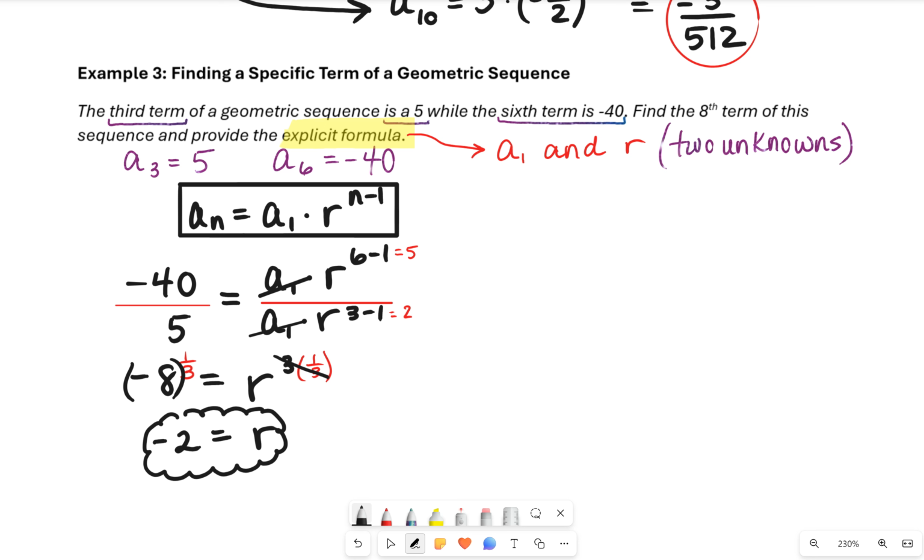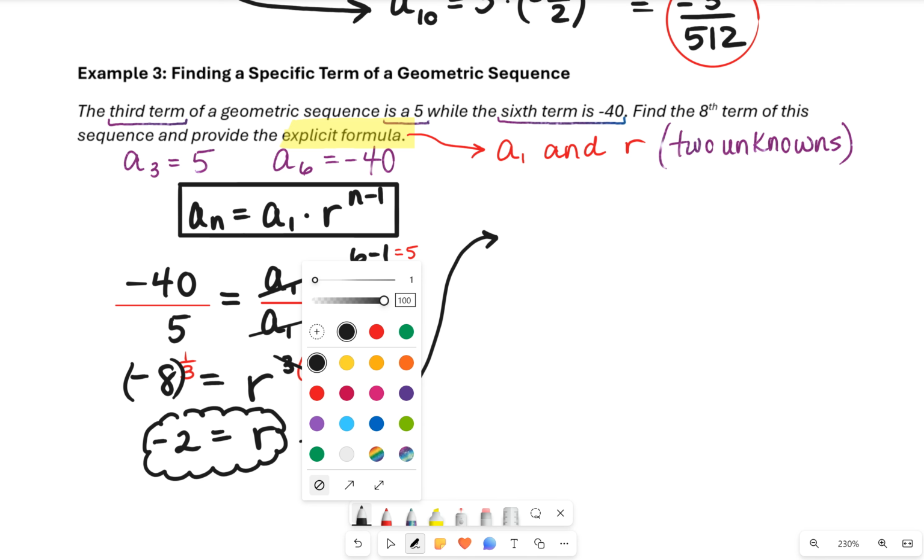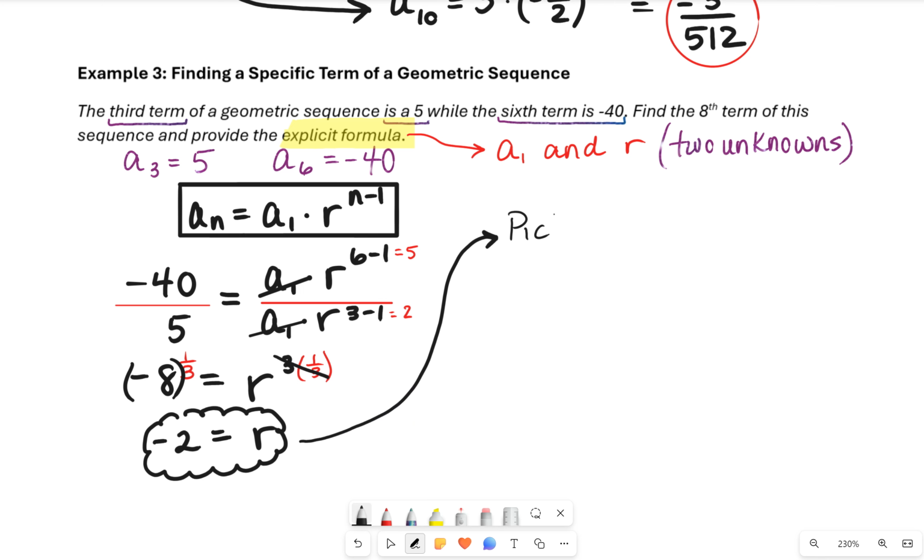R and A1. Once you find R, I need you to pick one of the equations, okay? So pick an equation, whichever one you want. I'm going to pick the one with the 5 because that one's a little bit smaller numbers. The 5 equals the A sub 1, that's what we're looking for, times the R. I already know that the R is -2 because I just found it, to the 3 minus 1.